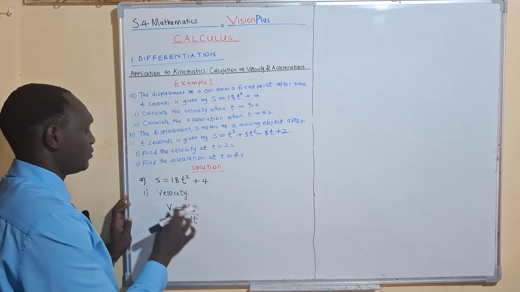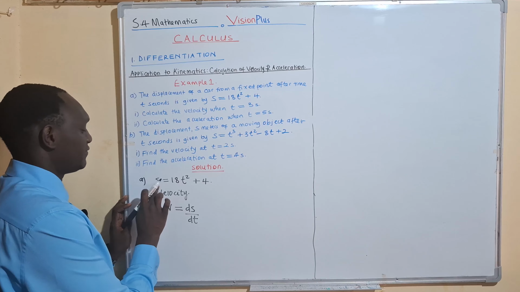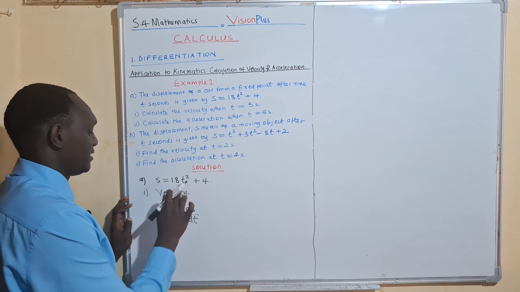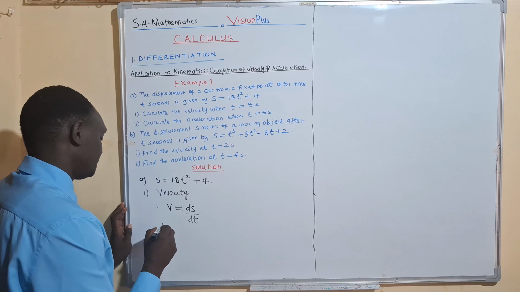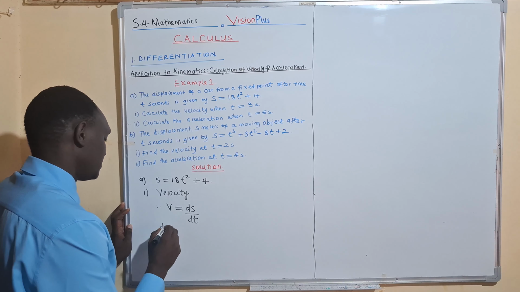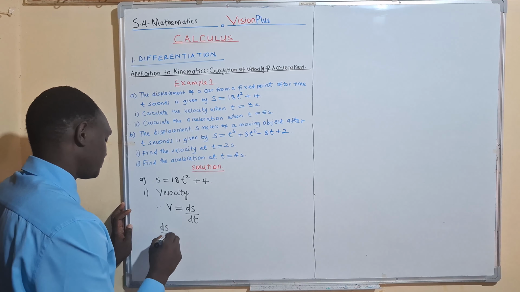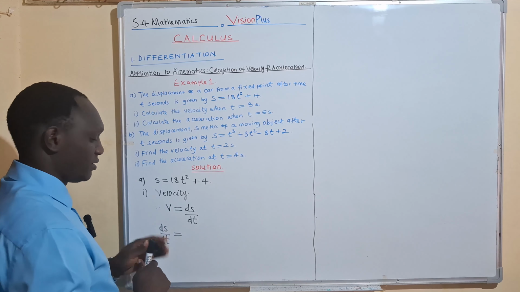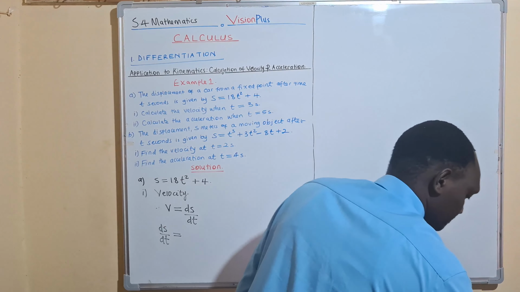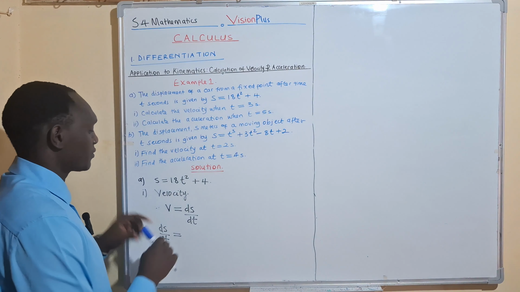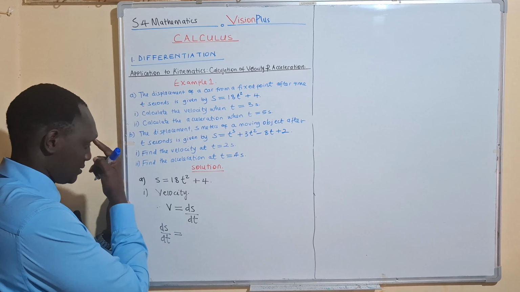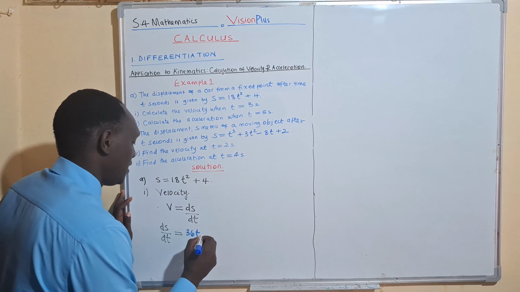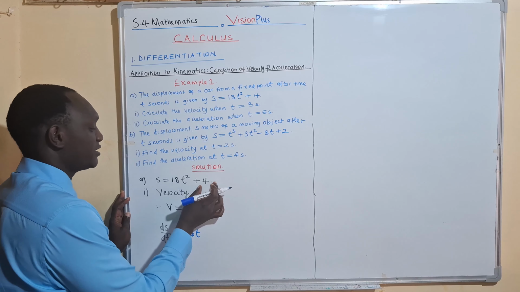ds/dt means that we need to differentiate the function of displacement s with respect to t. On differentiating, ds/dt becomes: if we differentiate 18t squared, we get 36t, plus if we differentiate 4, which is a constant, it gives us 0.